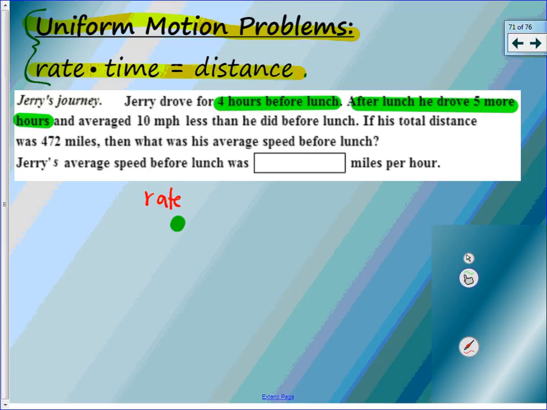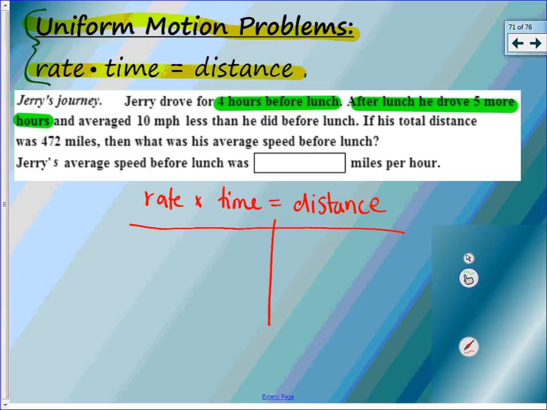So rate times time equals distance. Creating the chart, the first thing you do is you write the formula across the top, and then you're going to create a table. And the table is going to have 2 rows in it.